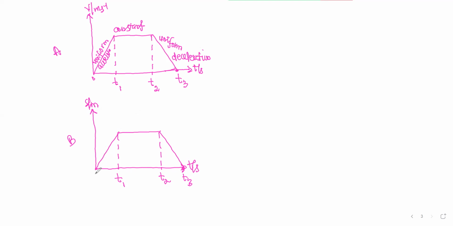Then from 0 to T1, we have uniform velocity motion. Over here, the body is at rest. Okay.